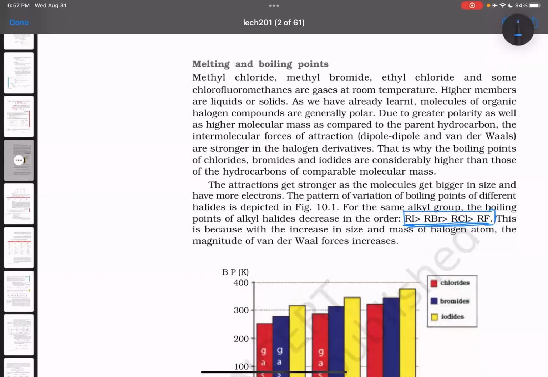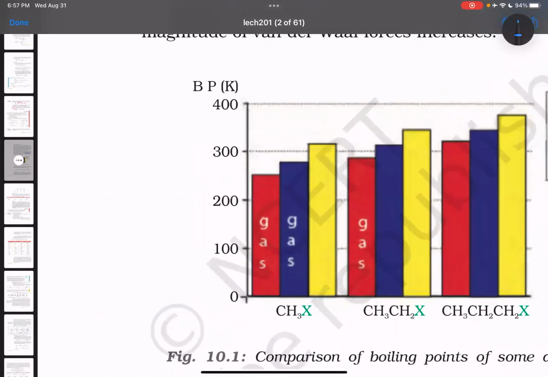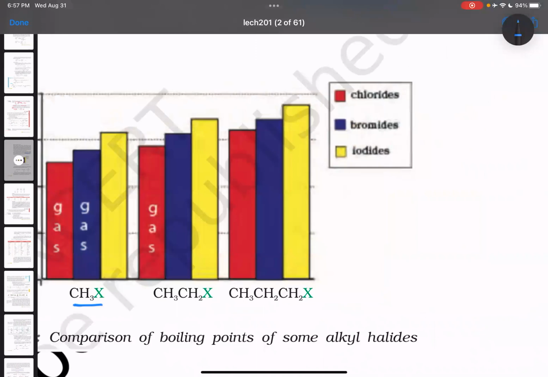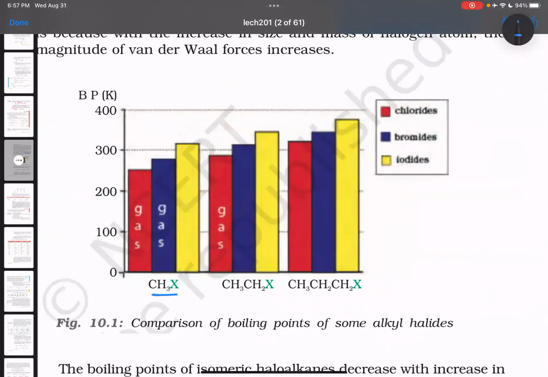So what does this graph represent here? The graph represents the boiling point. For example, CH3X. The red one is actually chloride, CH3Cl, then this is CH3Br and CH3I.